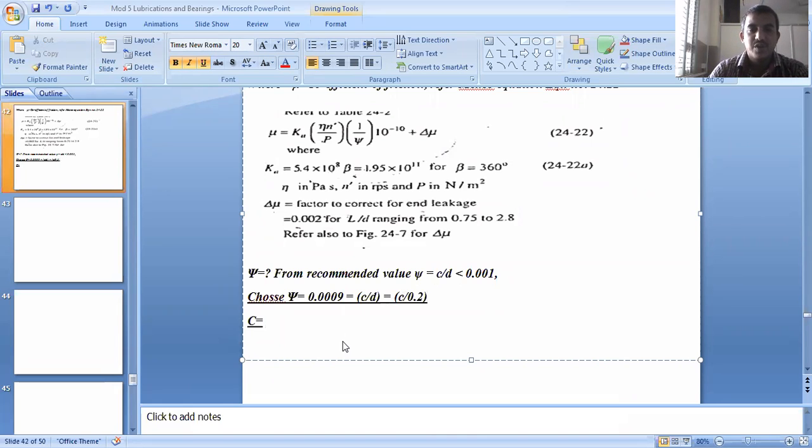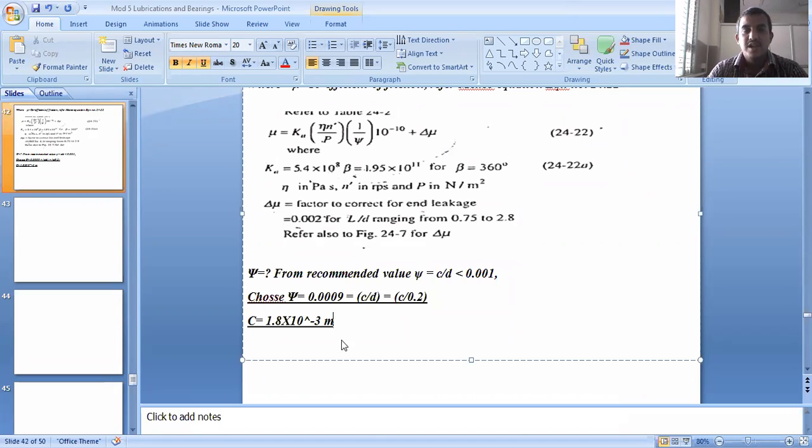Finally, what is the value of C you got? Sir, 1.8 into 10 power minus 3. The clearance unit is meter.